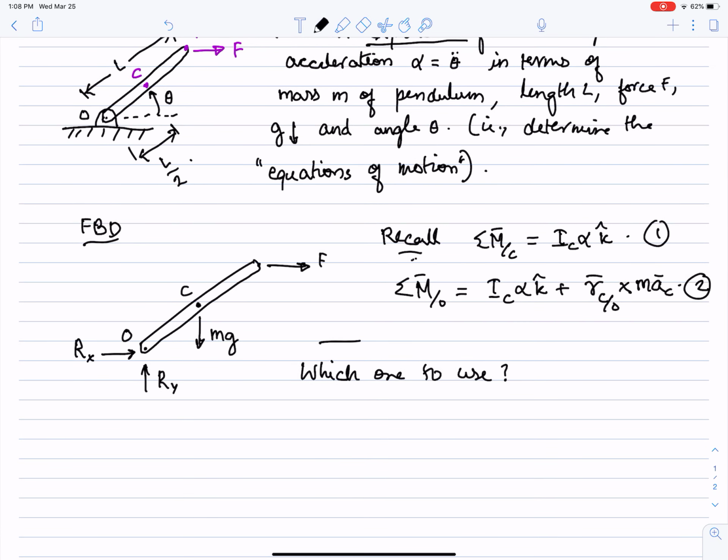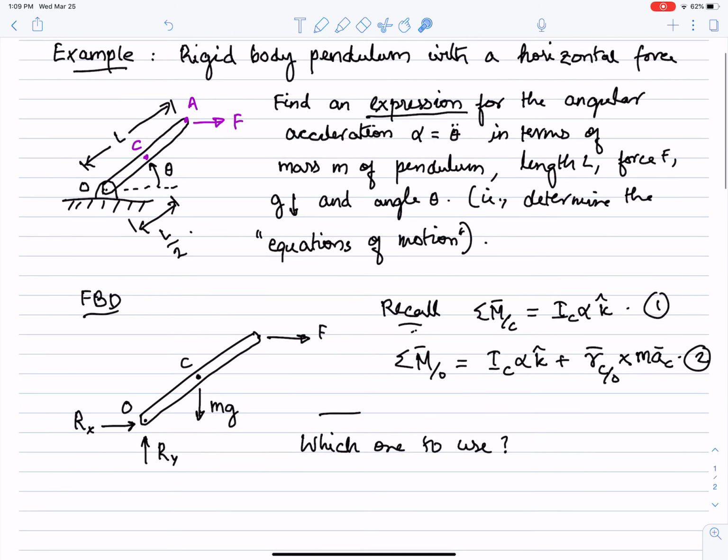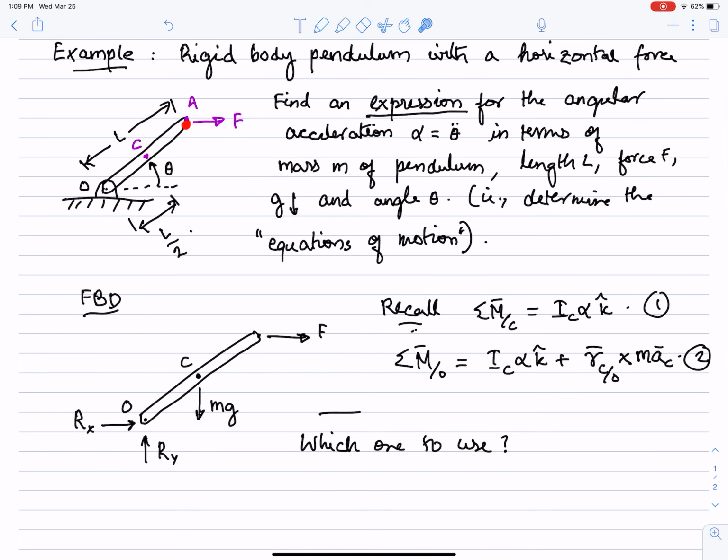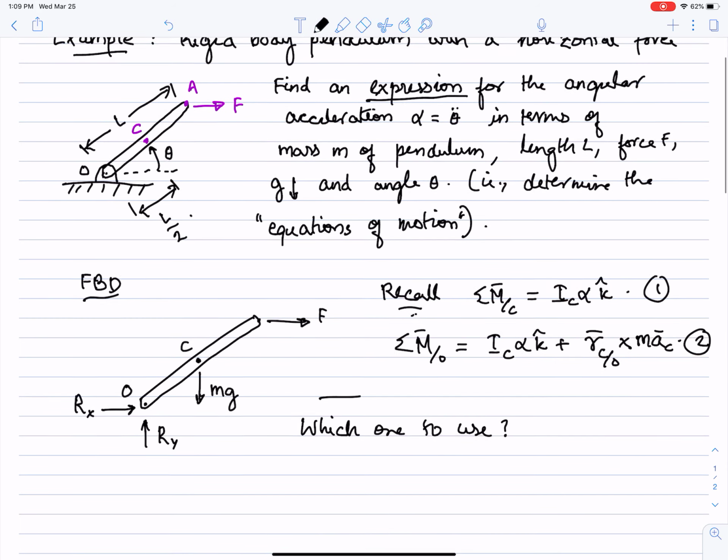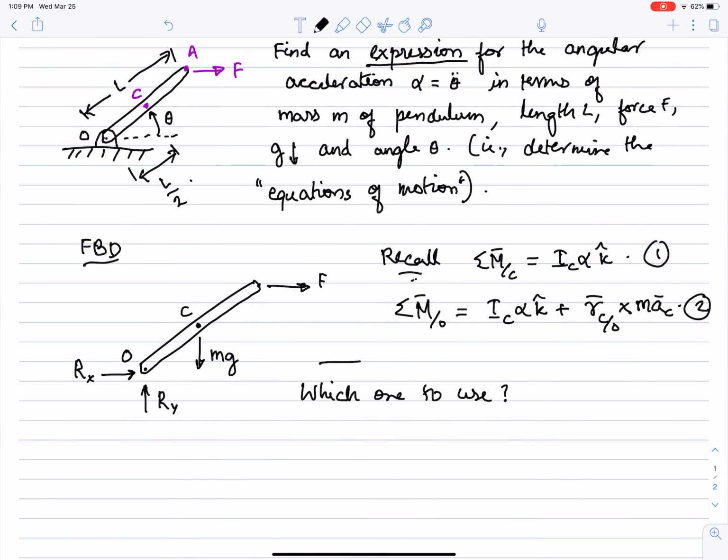By the way, this I_C, the moment of inertia of the pendulum about point C, if it is a uniform bar, so assume OA is a uniform bar, then I_C equals mL squared by 12.